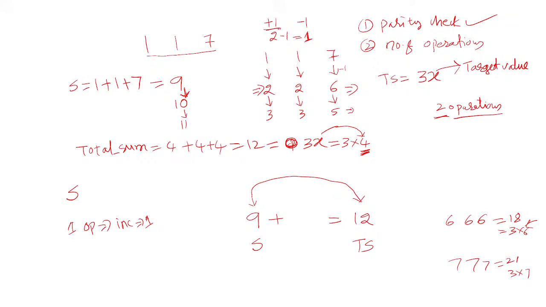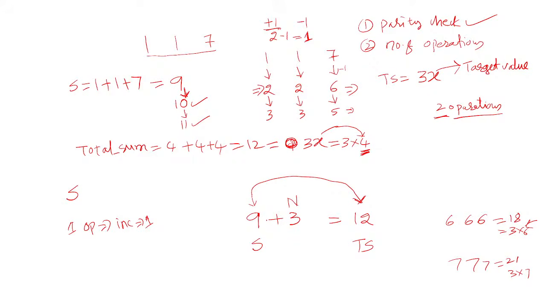Now see here. Initially your sum is 9, and you want to make this sum 12 by performing some number of operations. In each operation only 1 will be incremented. So how many such operations must you perform for the 9 to become equal to 12? In three operations, the 9 becomes equal to 12.